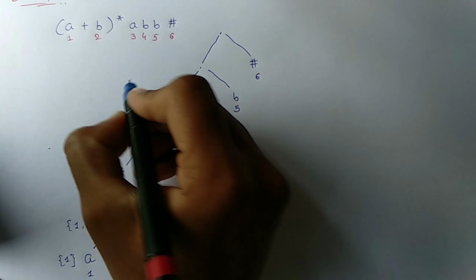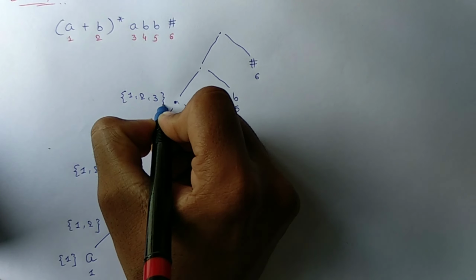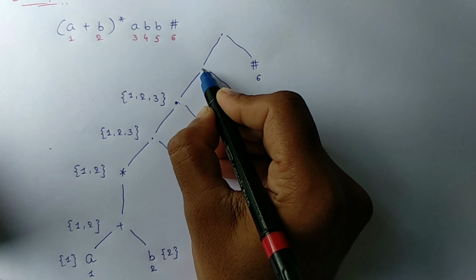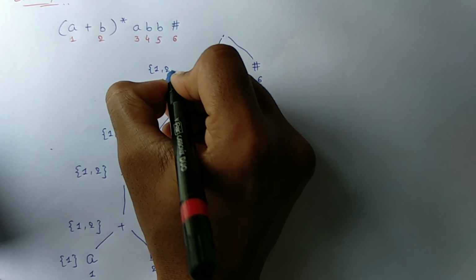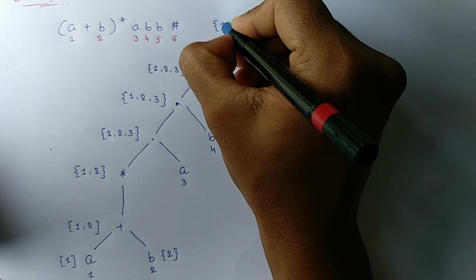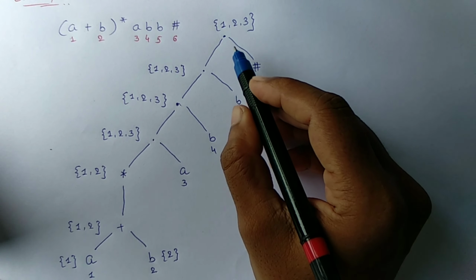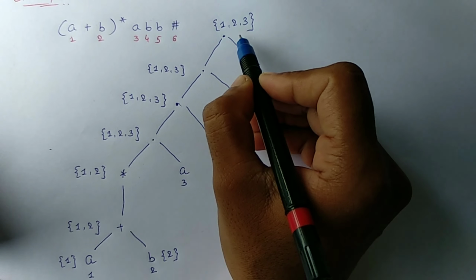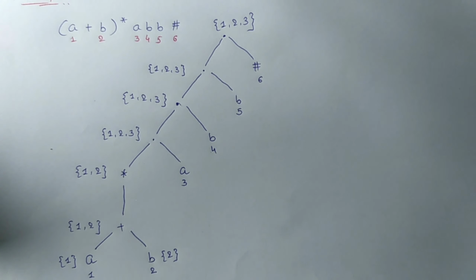So at this position the value is 1, 2, 3. Similar to this point, it's also 1, 2, 3. At this point it's also 1, 2, 3. So this one is your root point. So your root is 1, 2, 3.